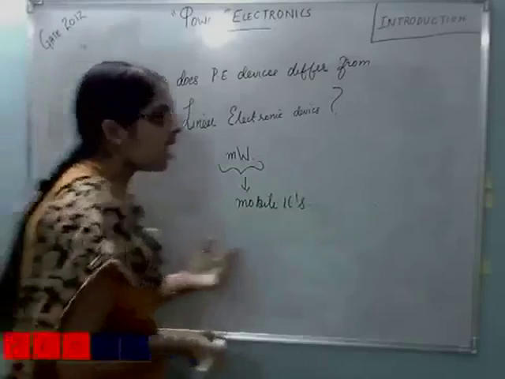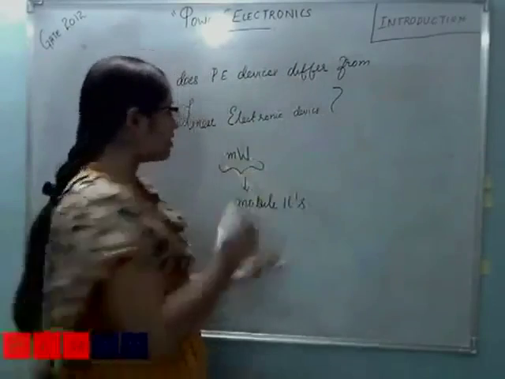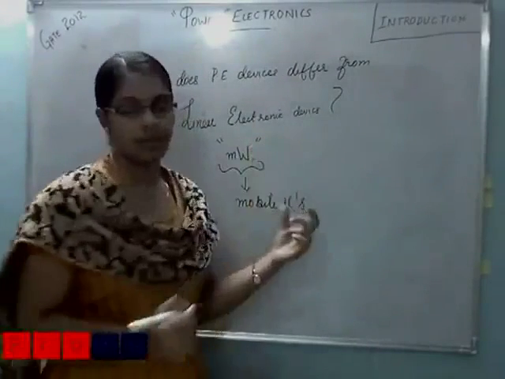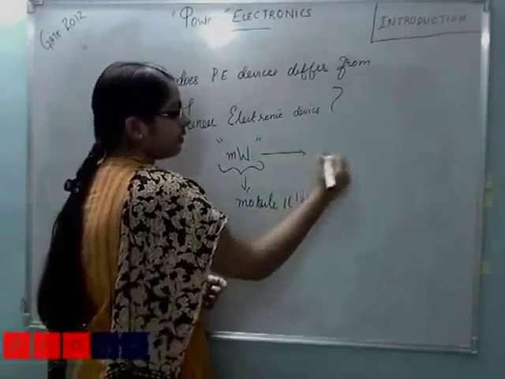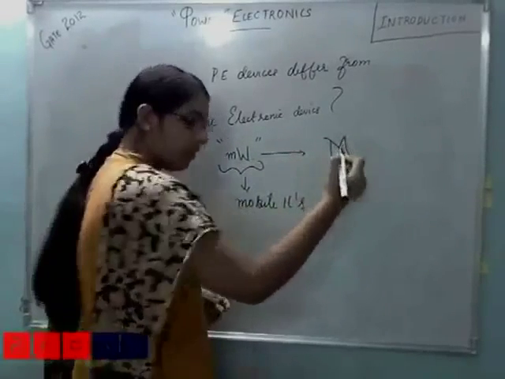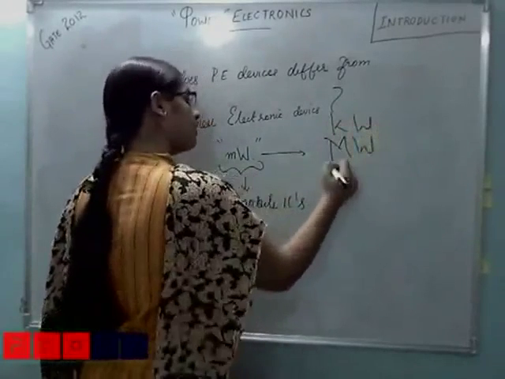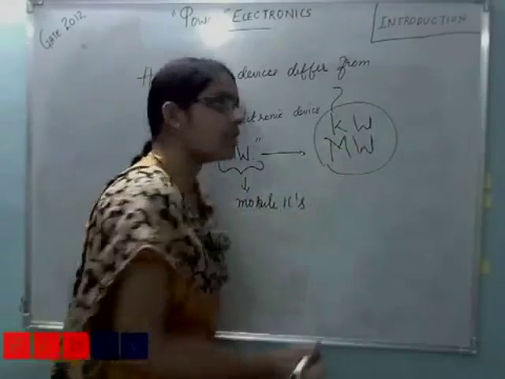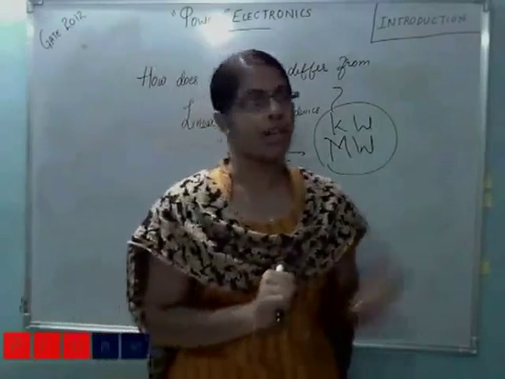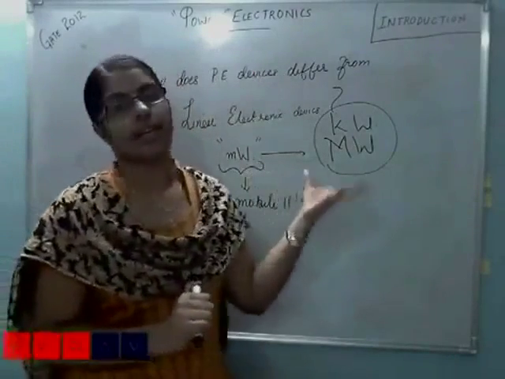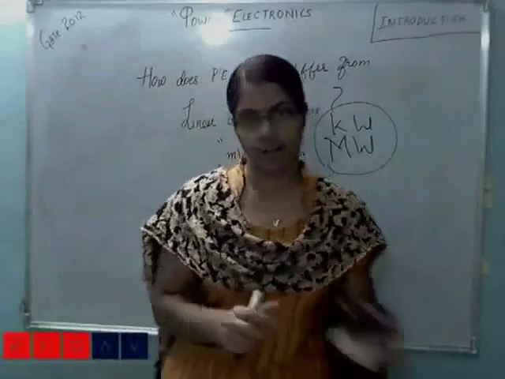Mobile ICs are power electronic devices, and they handle only power in the range of milliwatts. So power electronic devices can handle power starting from milliwatts to maybe megawatt or kilowatt ranges. These kilowatt, megawatt applications are popular among all. That is why we have a misunderstanding that power electronic devices are used for high power applications only. It is not so.